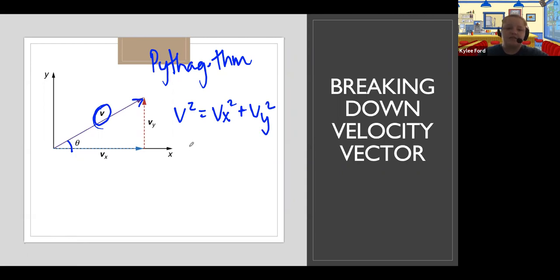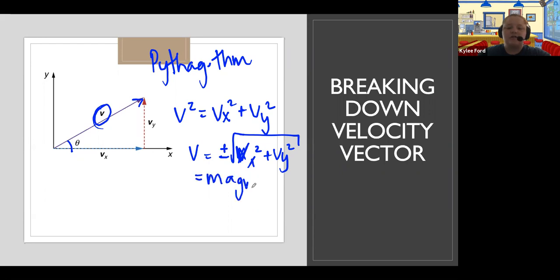And then we can, of course, solve V equals plus or minus square root of Vx squared plus Vy squared, all in that square root. So that's one way I can determine the magnitude of the velocity vector.